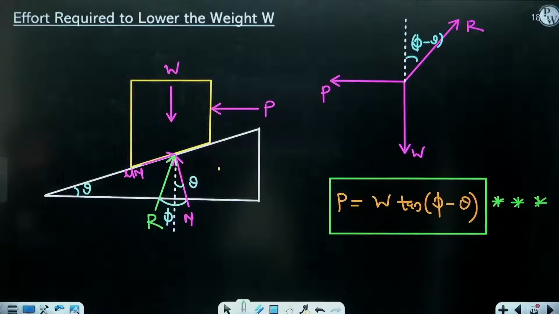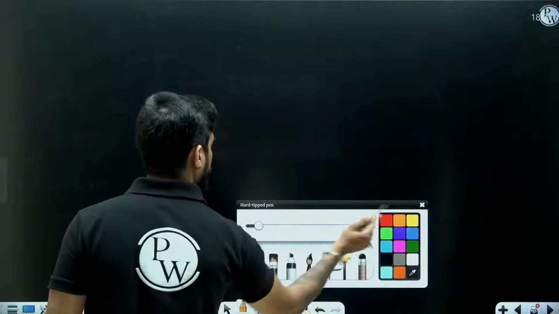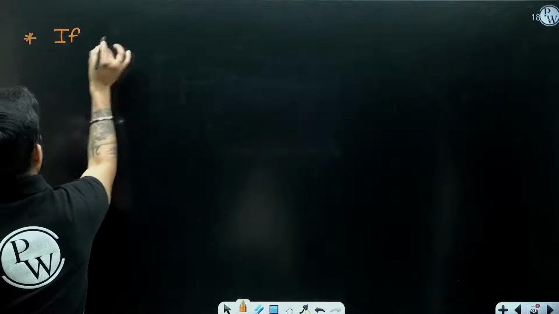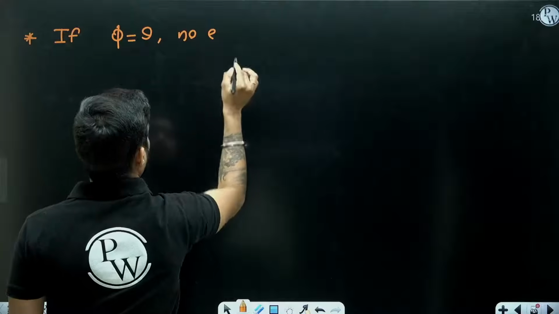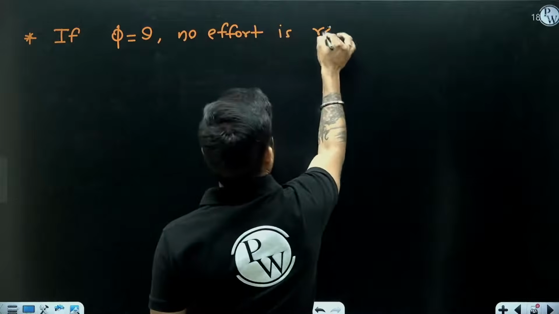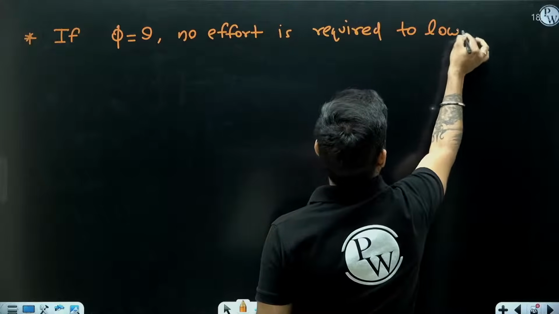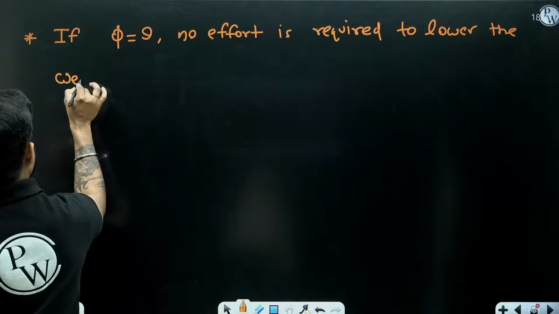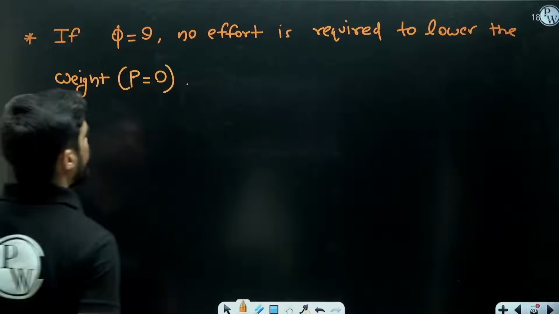Because if phi becomes equal to theta, no effort is required to lower the weight. P is equal to 0.